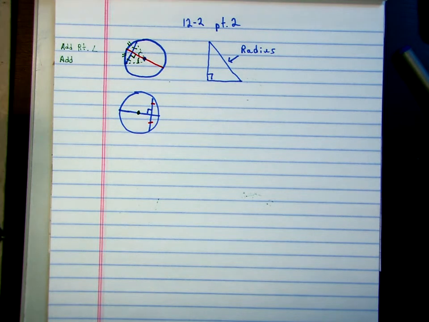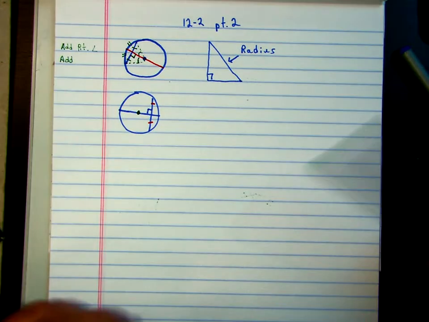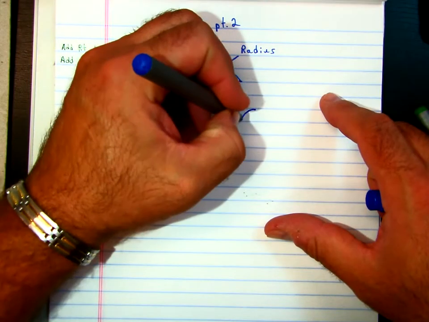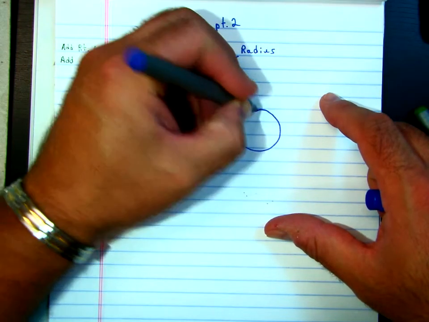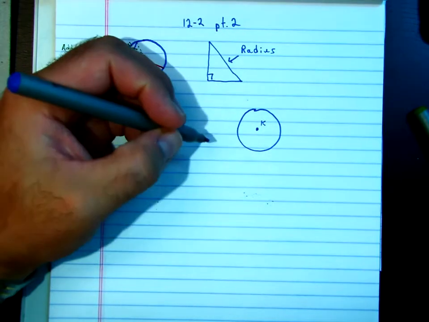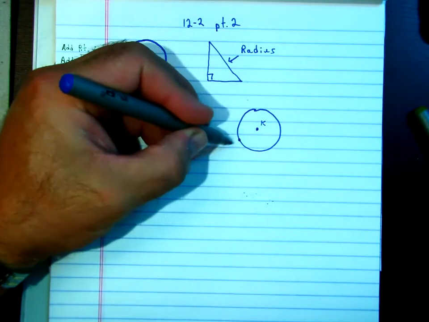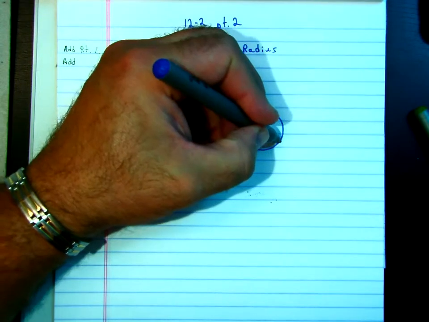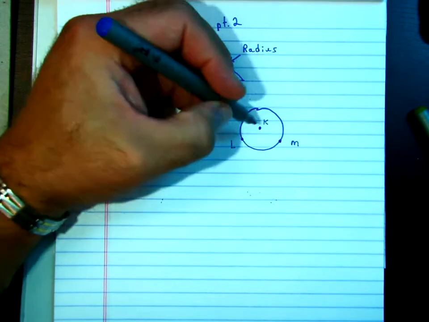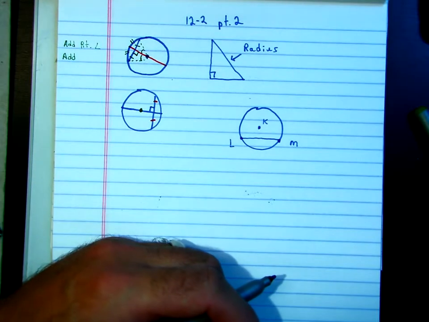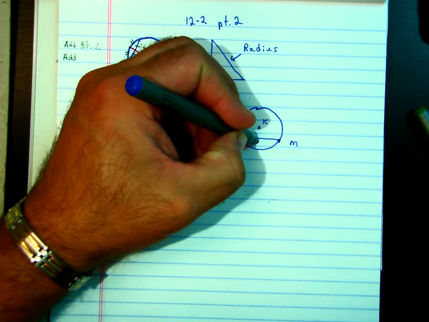Let's say you have a circle, okay? And on that circle you have K. Okay, then you have L. And then you have M. You know LM will make a chord. And I tell you that LM is 14.